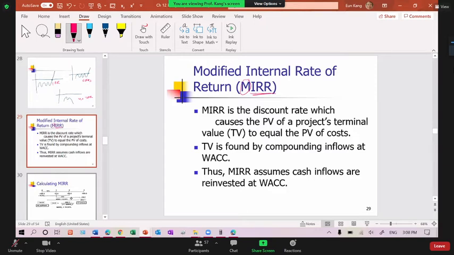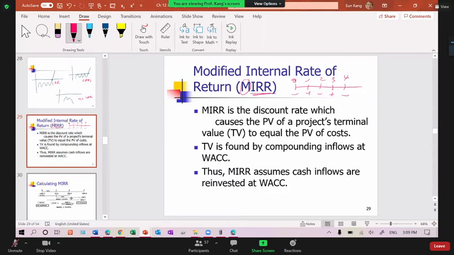If there is more than one sign change, then IRR doesn't work. First thing is, how about making just one sign change? Making one sign change means what? You collect all the negative cash flows, like if you have times 0, 1, 2, 3, 4, so minus, plus, minus, plus, minus, something like that.